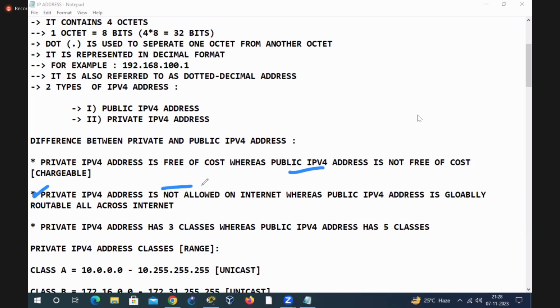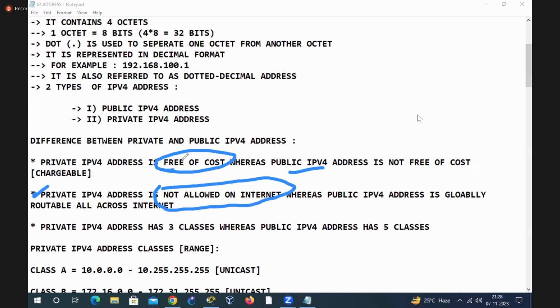A private IP is not allowed on the internet. Why is it not allowed? The number one reason is that it's free of cost. Since it's a free of cost address, everyone is using it. You are using it in your network, I am using it in my network, others are also using it in their networks. So if we are communicating with each other in this situation, there is a high probability that your machine's IP and my machine's IP will be the same.